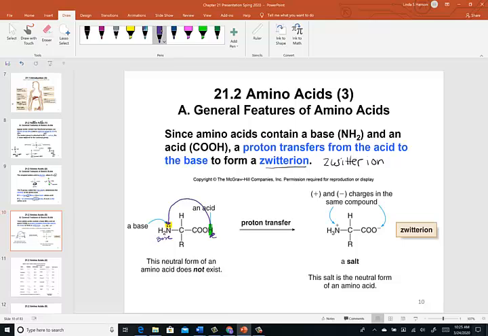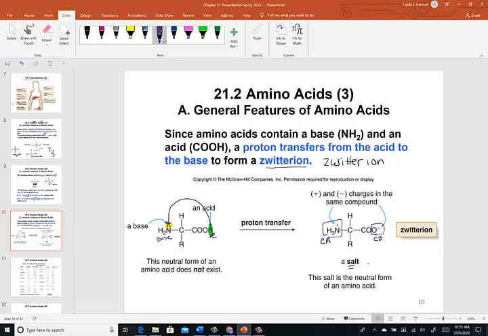And what happens then is that we form an electrically neutral salt. The amine portion will always carry a positive charge, and the carboxylic acid portion will always carry a negative charge. So think about what happened. This is now the conjugate acid of the amine, and this is the conjugate base of the carboxylic acid.